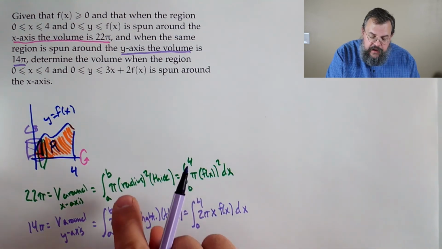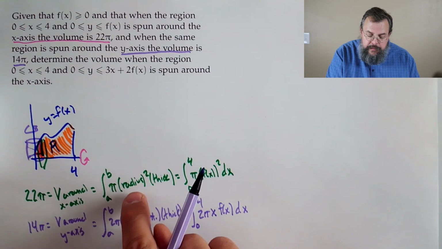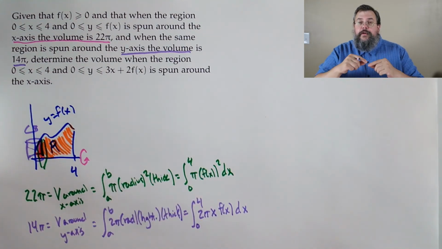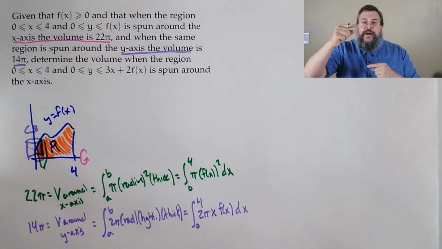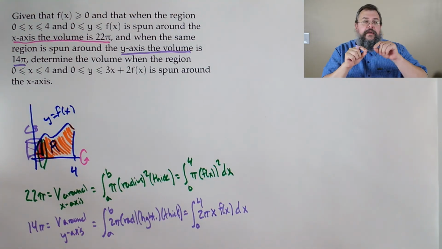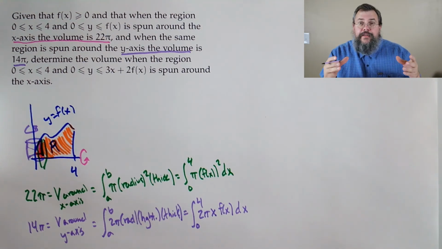Be careful here, because you'll notice radius represents different things. Here, when we talked about the disk method, radius really was about the height of the function. Whereas when we talked about the shell method, radius was how far from where you're spinning. Well, in both cases we were correct. It just depended on context. So use context to make sure you understand what things represent.